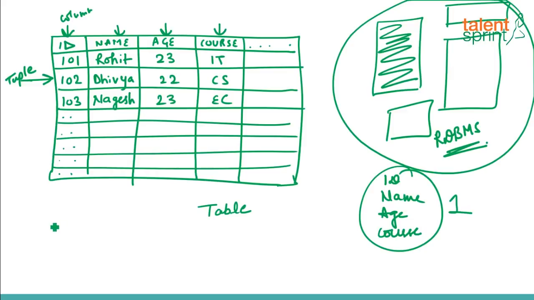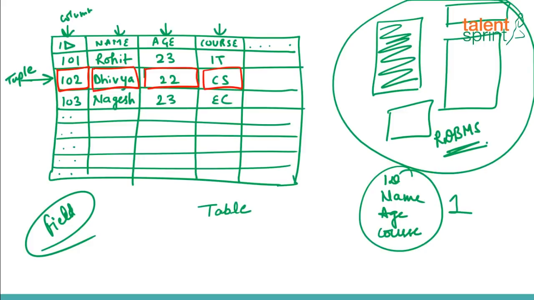Also, there is one more term that we call as field. Now, field is more divided level, where this section, let me just color it out for you so it is easy to understand. So one row that we have consists of 4 fields, right? So 102 plus Divya plus 22 plus CS make one tuple.